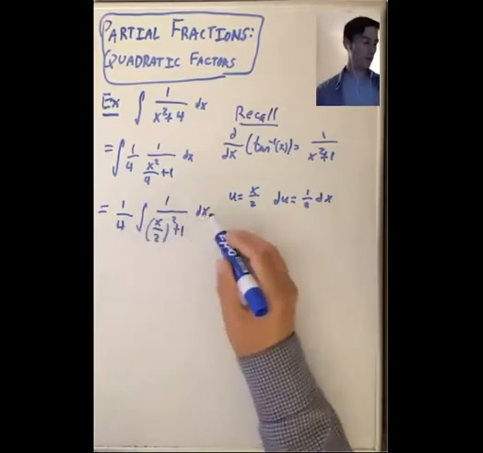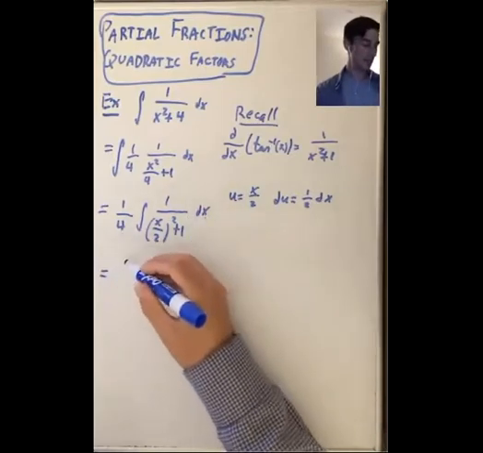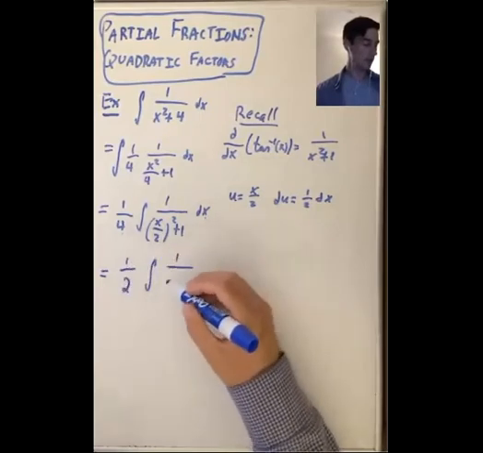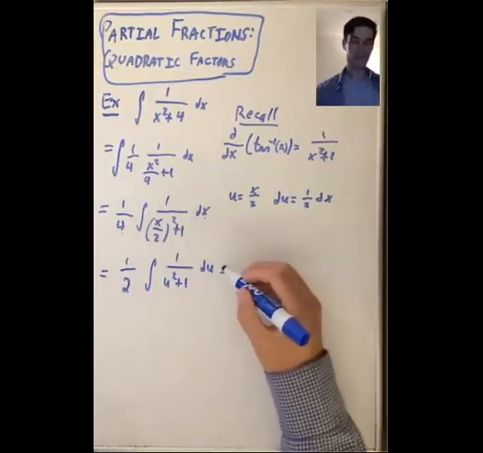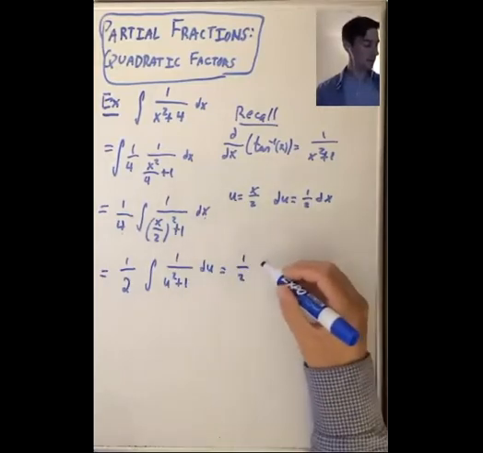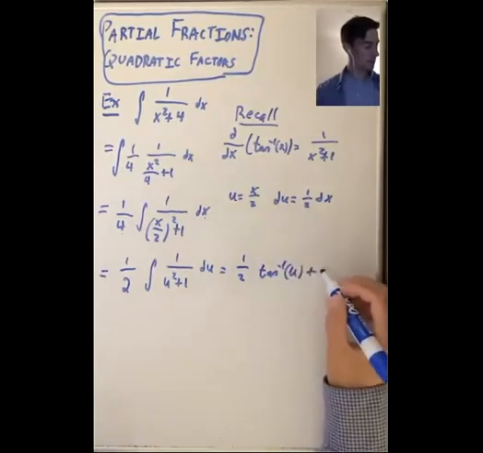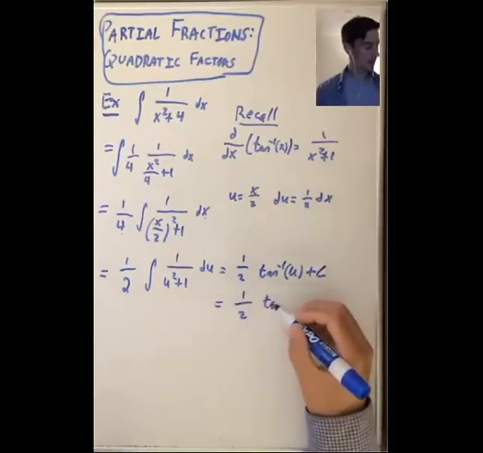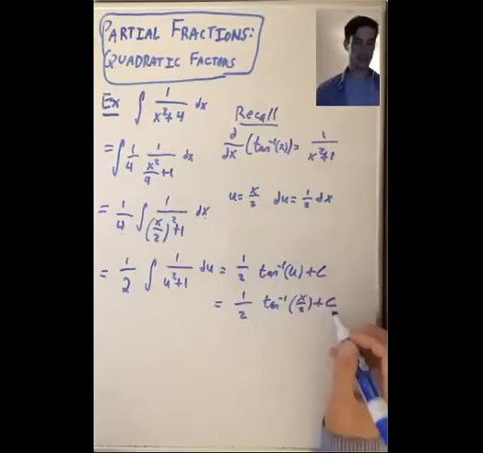If we move one of the 1/2s here to be with the dx, then what we have exactly is 1/2 the integral of 1 over u squared plus 1 du, which is 1/2 arctan u plus c, which is 1/2 arctan x over 2 plus c.